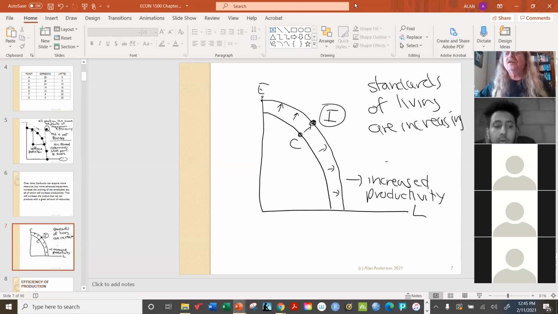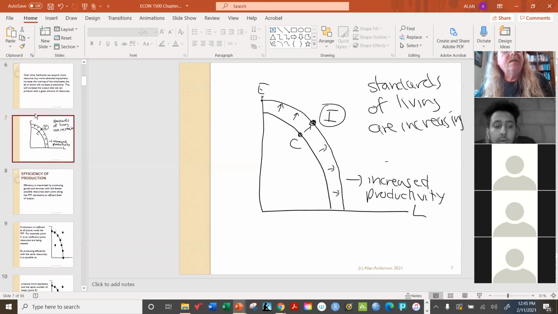So if you measure your standard of living by how many espressos and lattes you can have, certainly your standard of living is going up as a result of productivity. So productivity is a huge deal. We're going to see a lot more discussion about this later on because productivity is one of the major drivers of standards of living. But right now, it's enough to note that as productivity increases, we can produce more output, and therefore the entire curve shifts to the right.